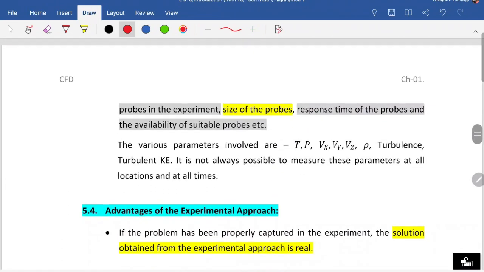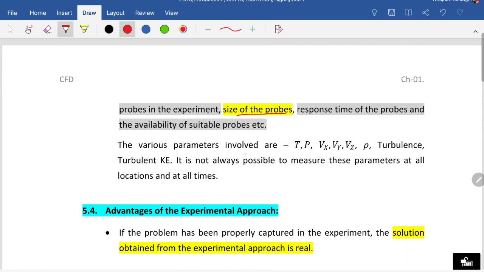Size of the probes can also matter. Suppose I put a thermometer in a flow. The flow is changed. What do you do? And studying it from a distance, you may not get accurate data. So you have to think about it.